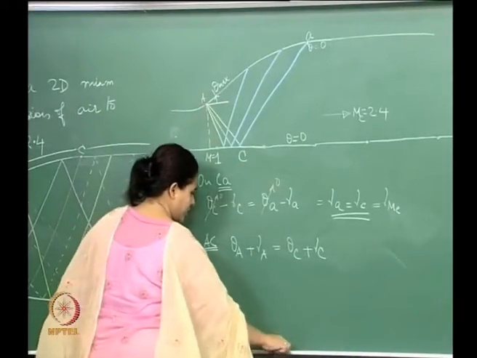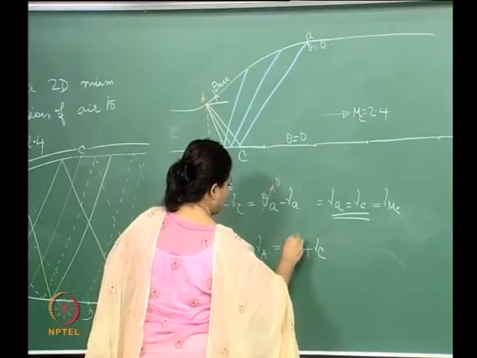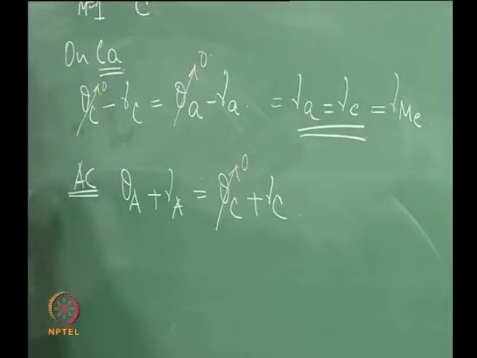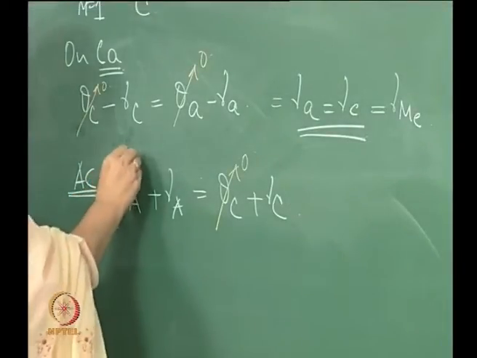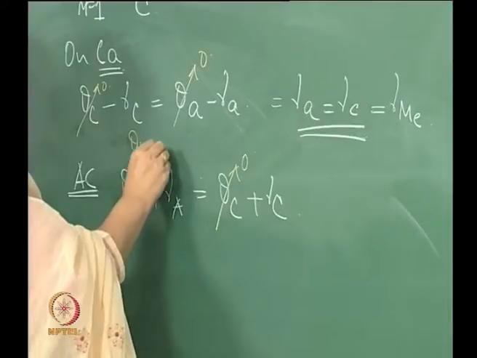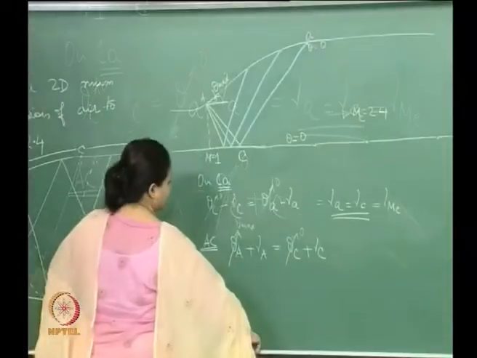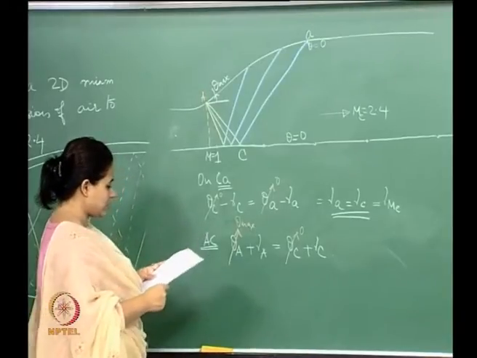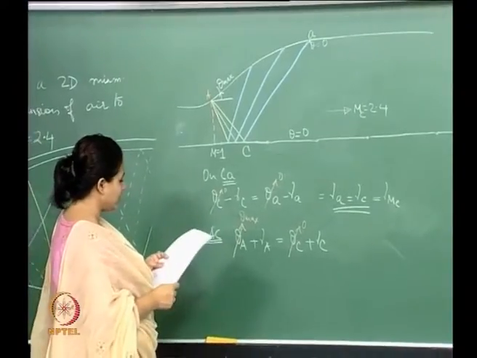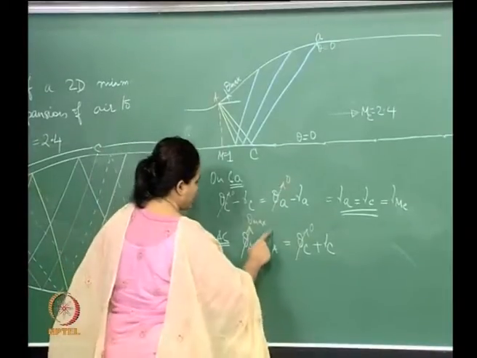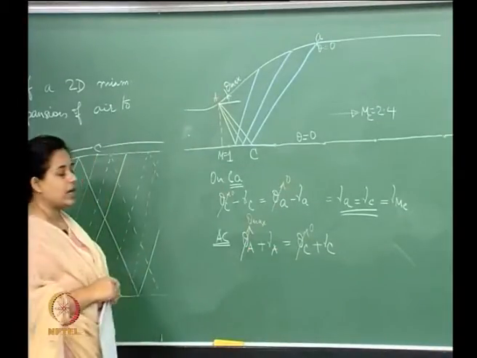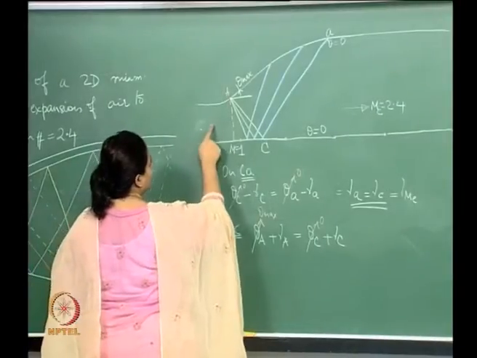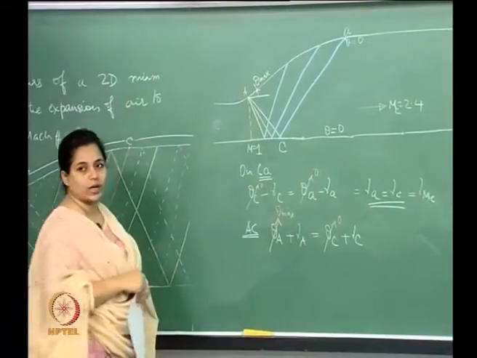Now what we did just now is that theta c is 0, and theta a is of course theta max. Now this mu a is essentially for a Mach number M equal to 1.